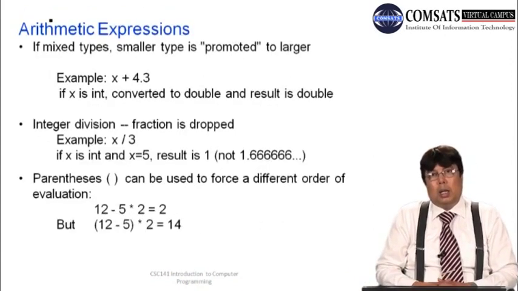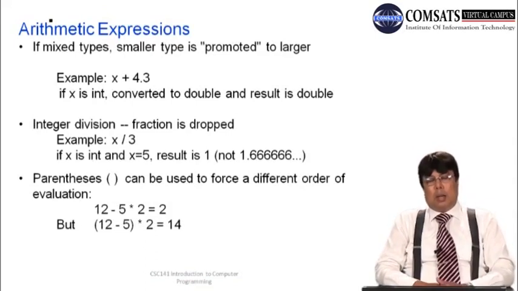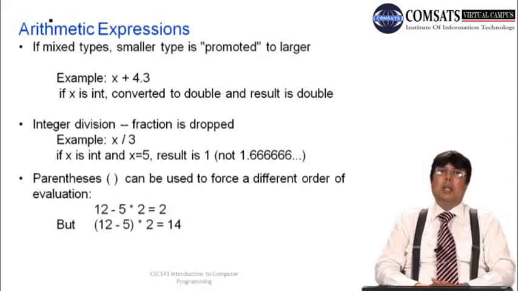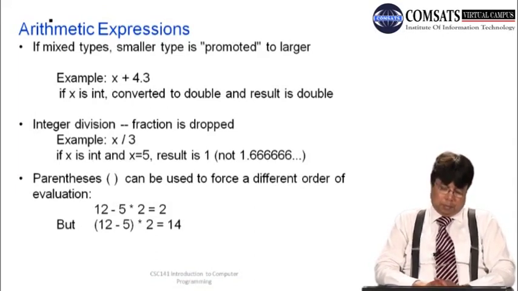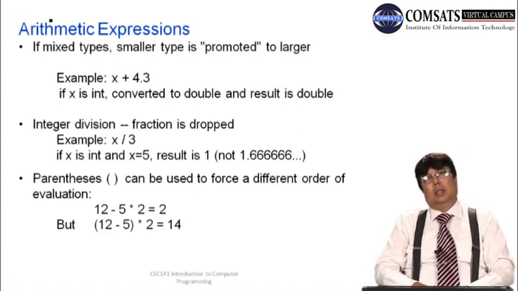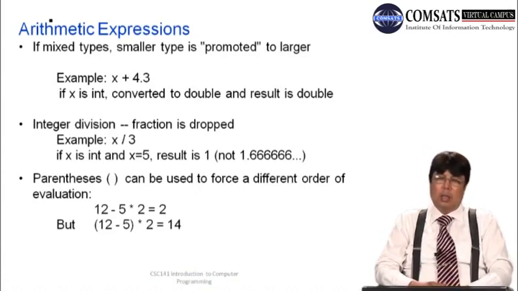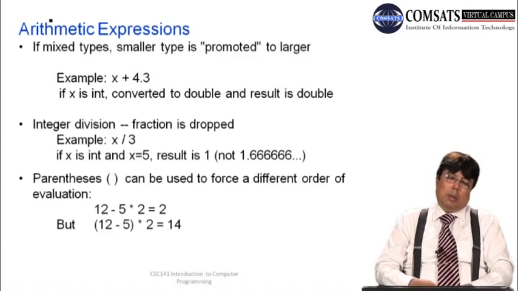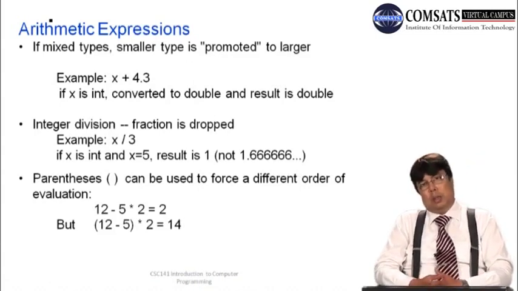कुछ चीजें और भी हैं. Some more concepts that you must know. When you mix up integer with double, अब integer का size suppose 16-bit और double का size suppose 32-bit.